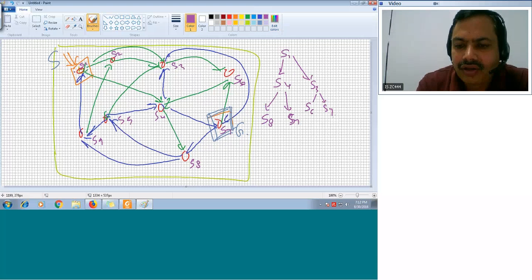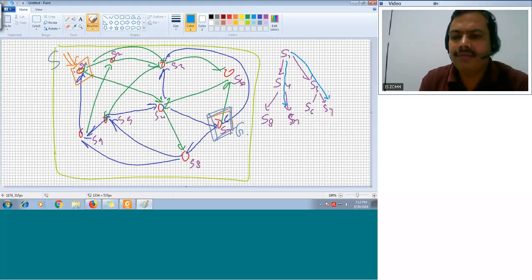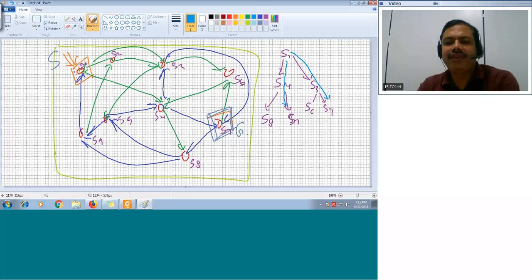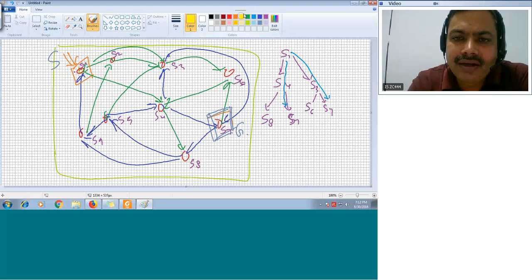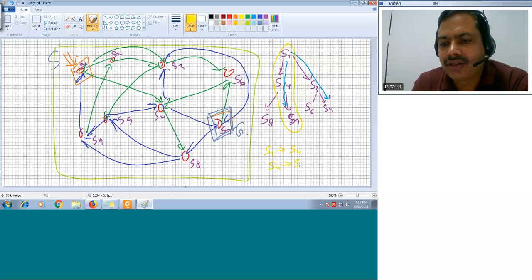Okay, so there are two paths available. To go to this path, for example, here you can see that you have two paths available. One is this path, and the other is this path. Number one, if we are only satisfied by seeing your answer, if I'm only concerned that you give me the answer, then this would be a right answer. You would say that from S1 go to S4, then from S4 you go to S7. This is what your answer is.